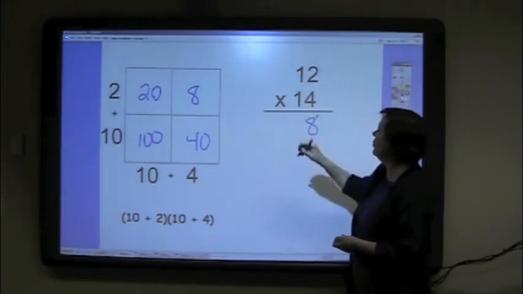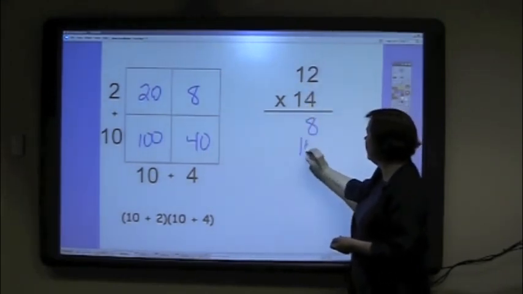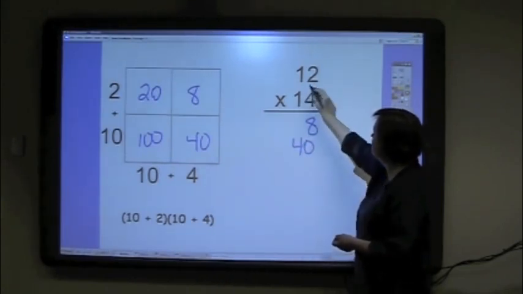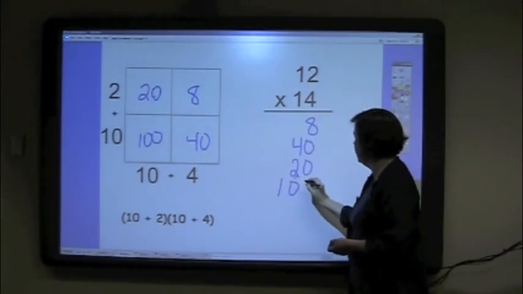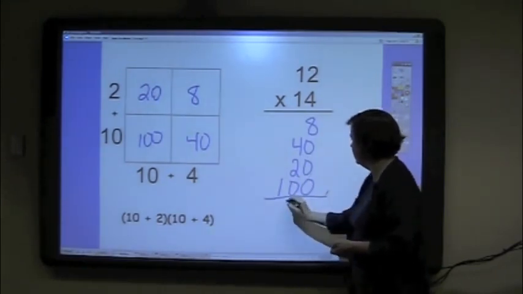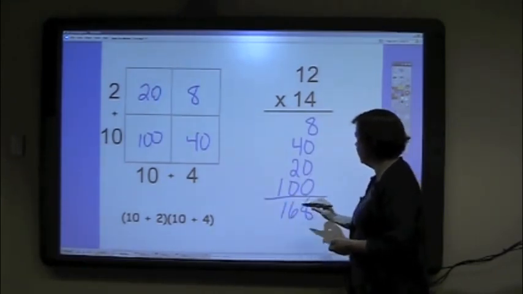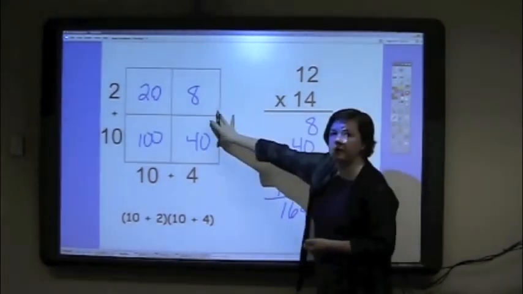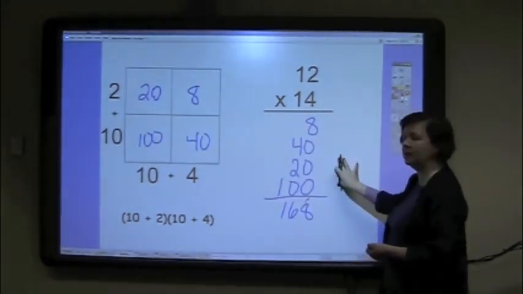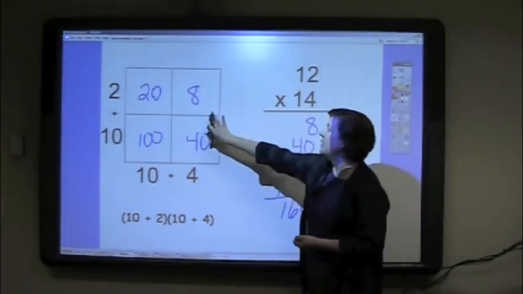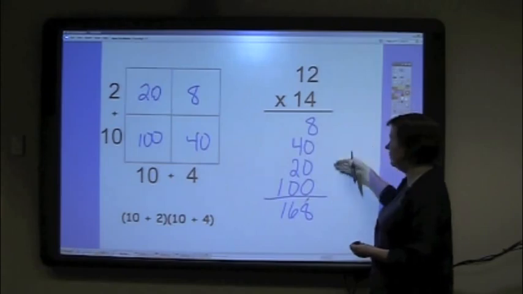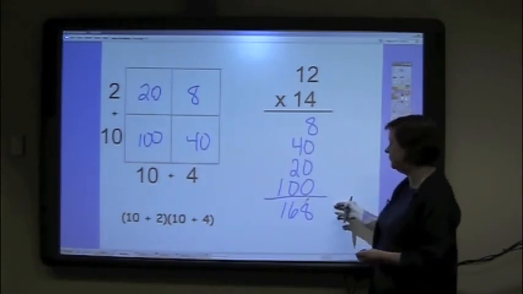But that wasn't 4 times 1, it's 4 times 10, and that's 40. 10 times 2 is 20. 10 times 10, that's 100. 168. I can see all of these numbers over here. This becomes a shorthand way of doing this. And even if these were 3-digit numbers, my rectangle would simply be larger. My list of products would be longer.